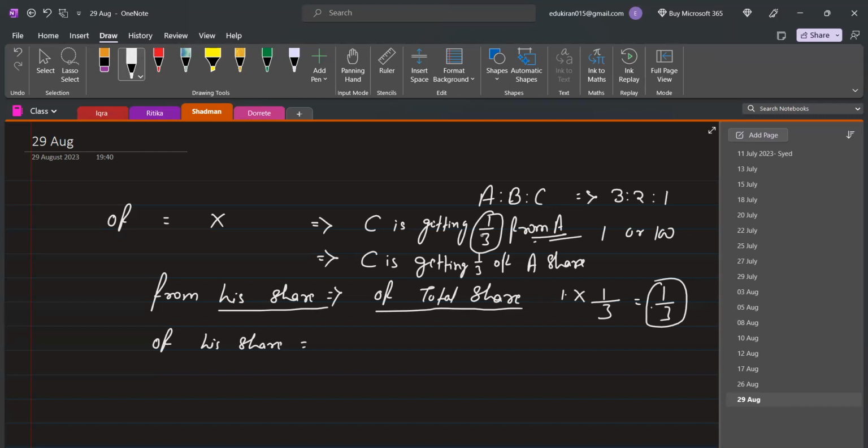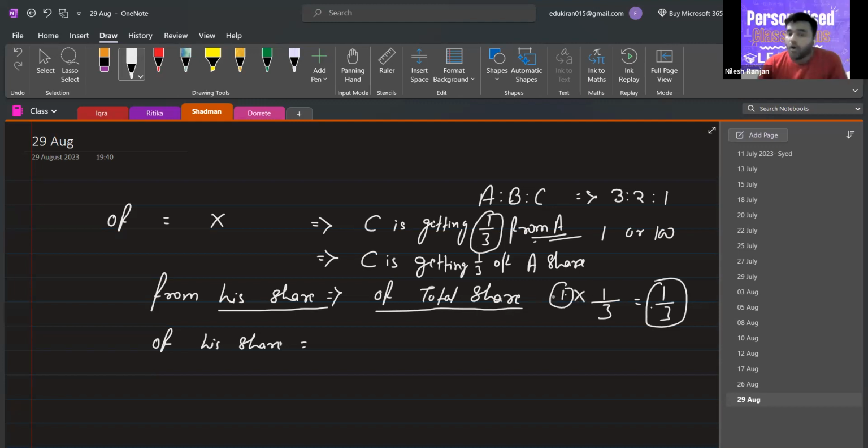Sir, can you explain this once more? Yes. This 1 is total share, and he is getting 1/3 of 1. Total share is always 1.